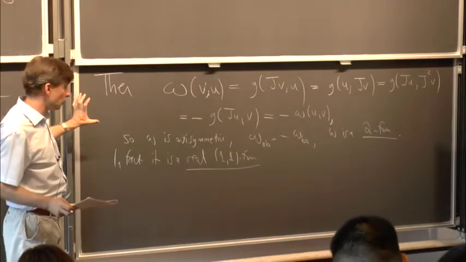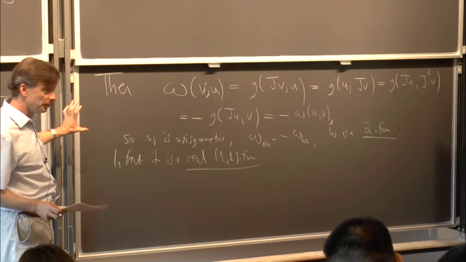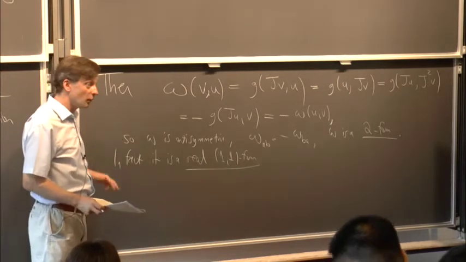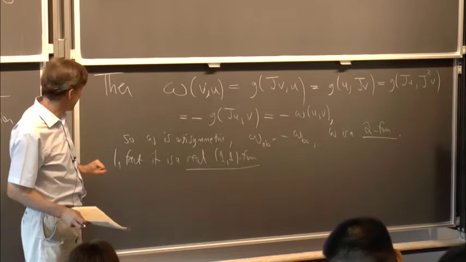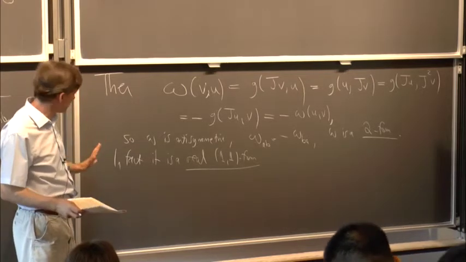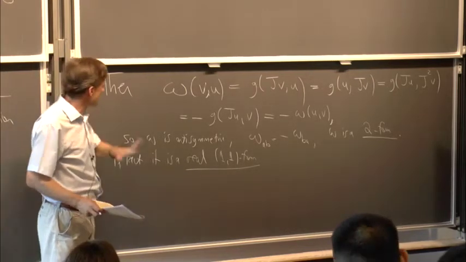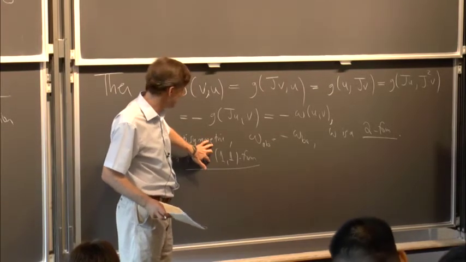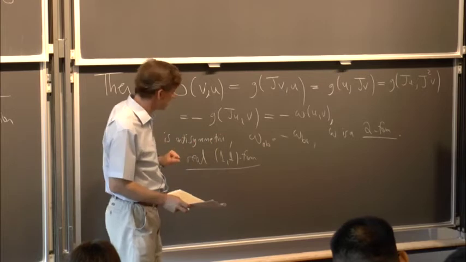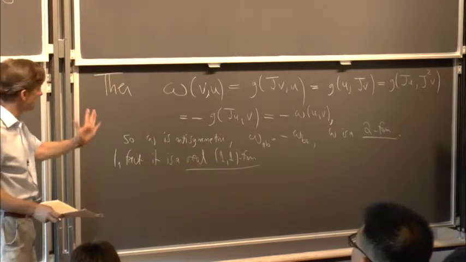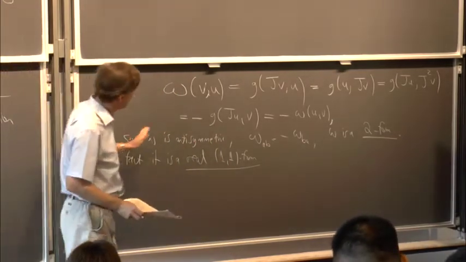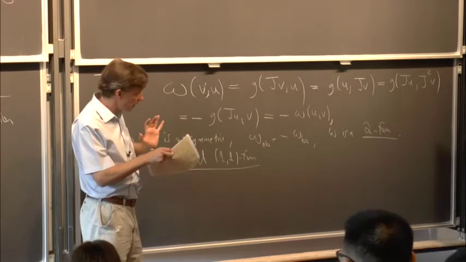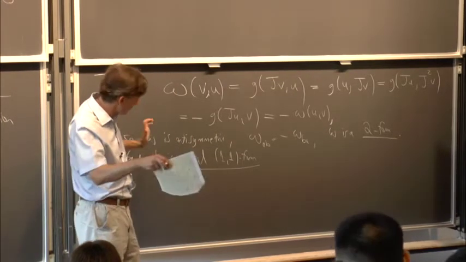You can think about real two-forms as examples of complex two-forms: the complex two-forms are of the form alpha plus i beta, and the real forms are the ones where beta equals 0. As a complex two-form, it's of type (1,1), because complex two-forms split into (2,0) forms, (1,1) forms and (0,2) forms. Being a real (1,1) form means it lies in the intersection of the real forms and the (1,1) forms inside the complex two-forms.